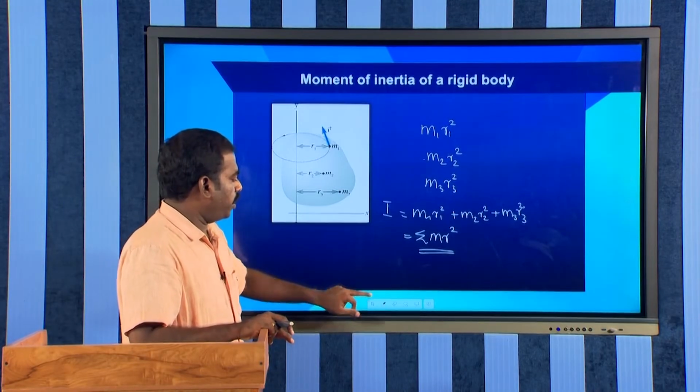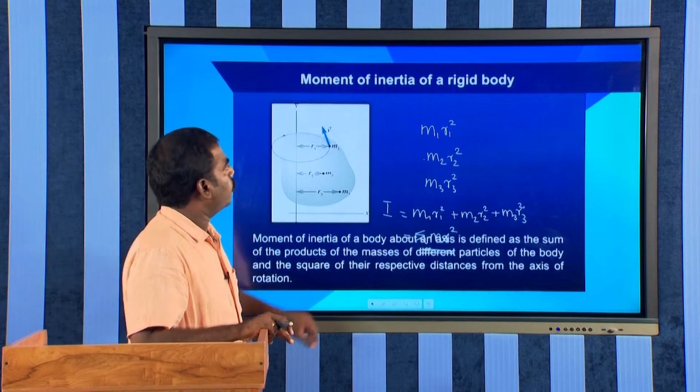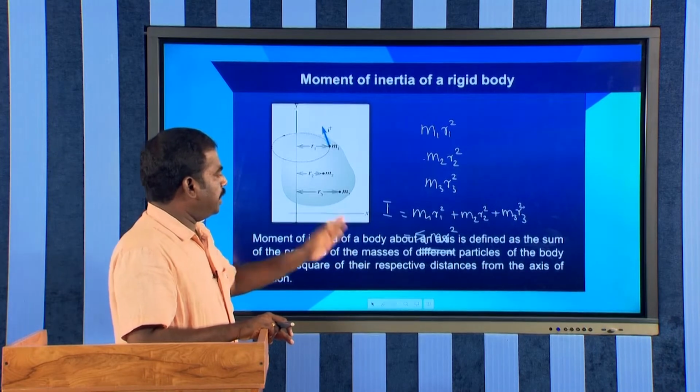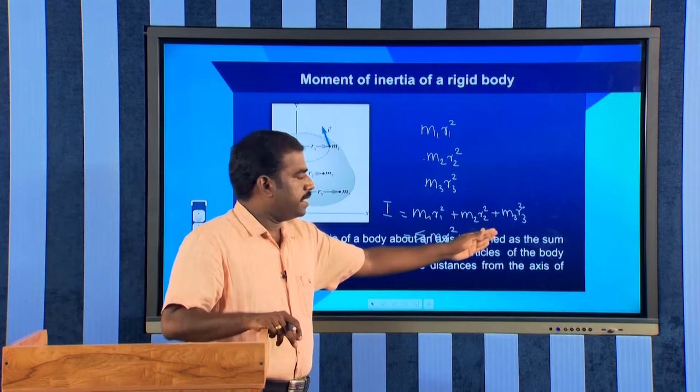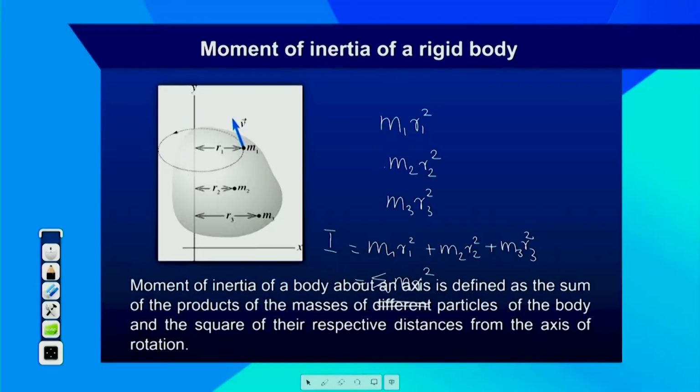The moment of inertia of the rigid body about the axis is defined as the sum of the products of the masses of different particles of the body and the square of their respective distances from the axis of rotation.